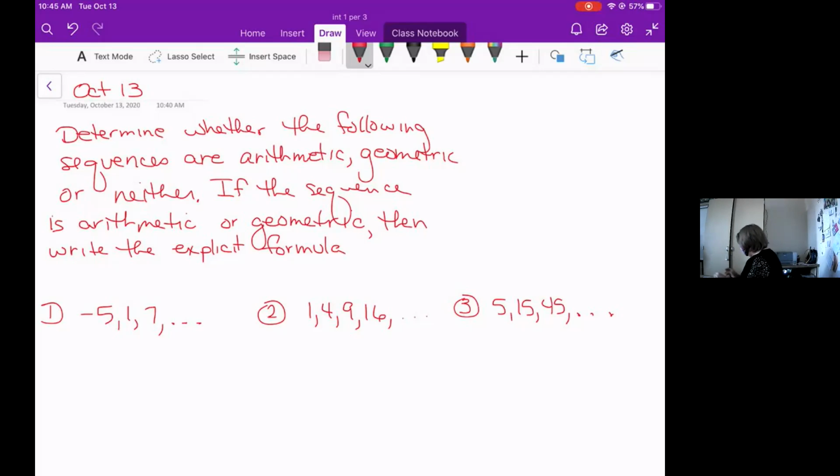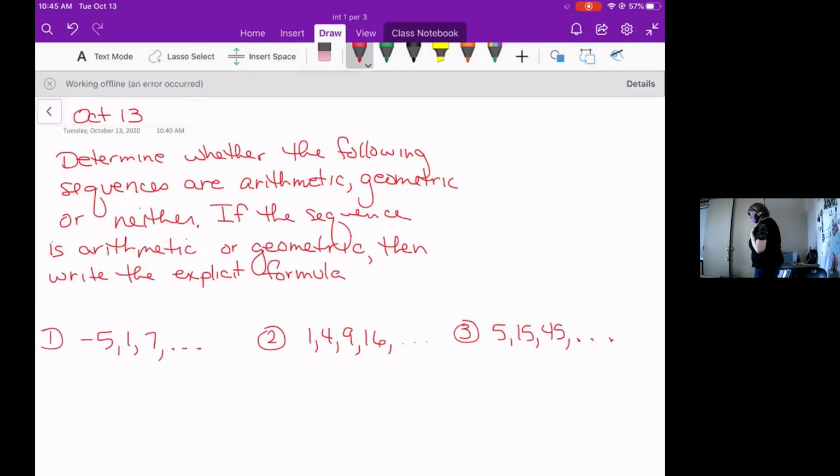My cousin made this, so I don't want to lose it. Okay, give you a minute. Yeah, there's not much in this chapter.